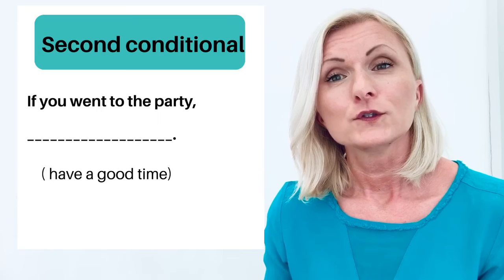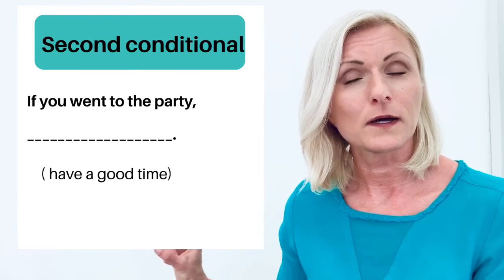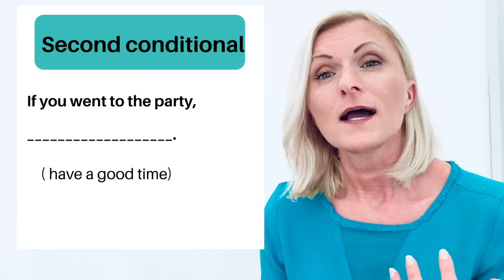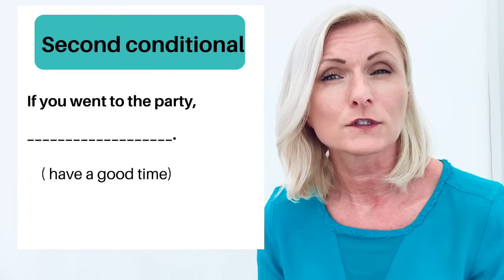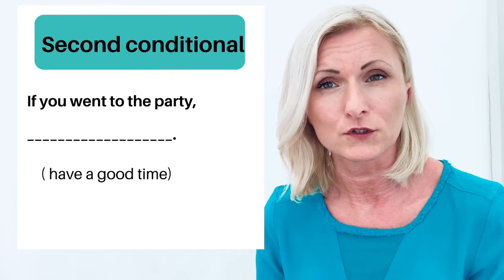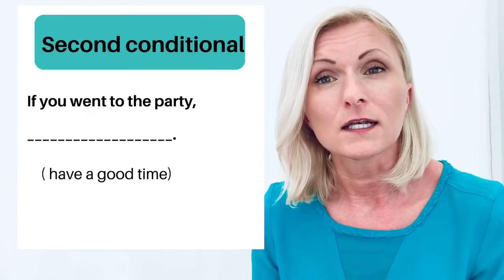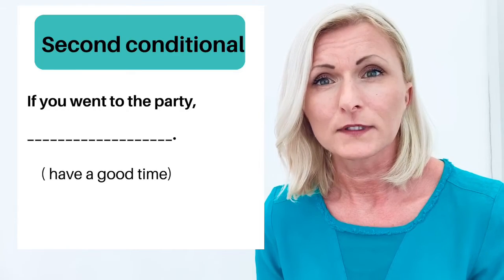Now let's have a look at my second sentence. If you went to the party, you, and the verb I want to use is, again, have a good time, because I don't think you are going to go to the party. So I want to use a second conditional construction now, just to show you that I think it's unlikely that this situation is going to happen.